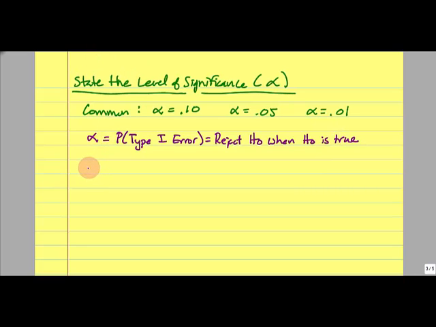Now our other type of error is called a beta error. The deal with the alpha and the beta error is we can't control them both. If we control alpha, beta kind of roams, and if we control beta, alpha roams. And it turns out that alpha is the least of the two errors in terms of consequence. So beta is the probability of a type 2 error.